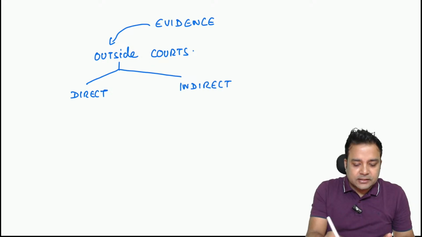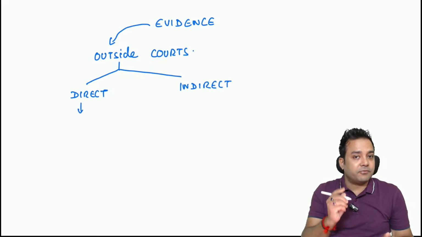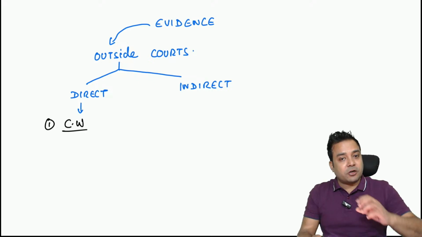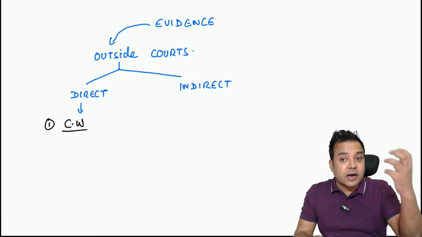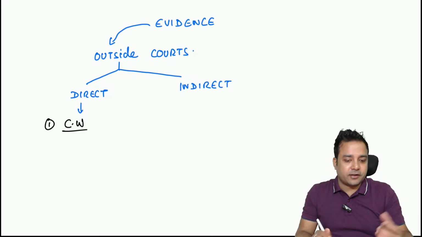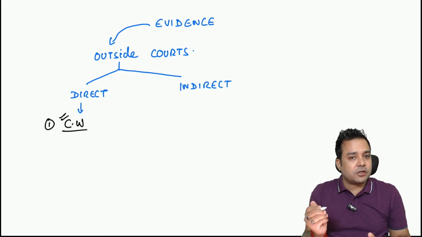Direct evidences is acquired by which witnesses? We know one is common witness of the case, also called as eyewitness of the case, because they have seen the crime occurring. They are eyewitnesses of the crime happening because they have seen the crime occurring. So they will always have first-hand knowledge about the crime.